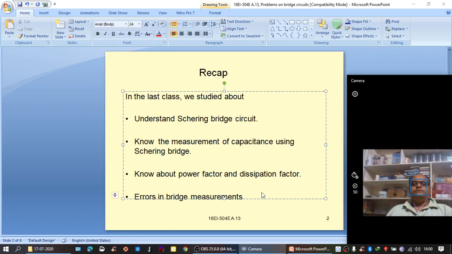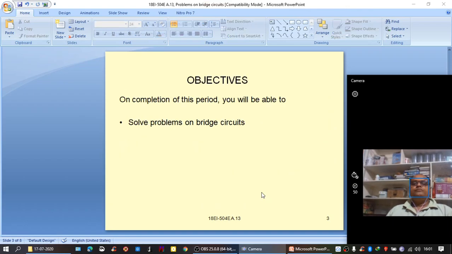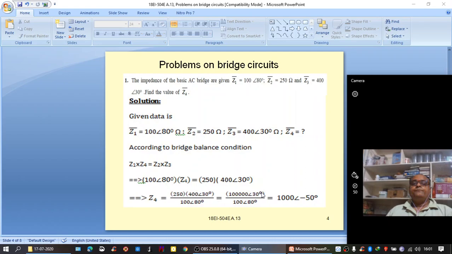Now, let us try to solve some simple examples on bridge circuits. The first example: the impedances of the basic AC bridge are Z1 equal to 100 at an angle 80 degrees, Z2 equal to 250, Z3 equal to 400 at an angle 30 degrees, and we have to find out the value of Z4.